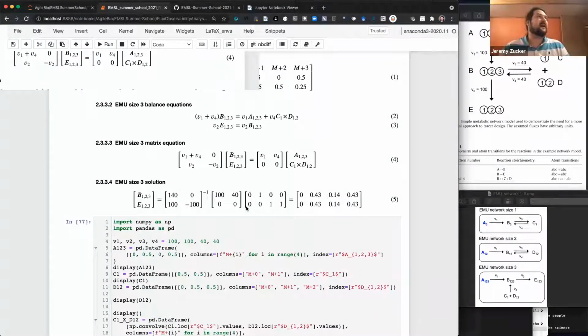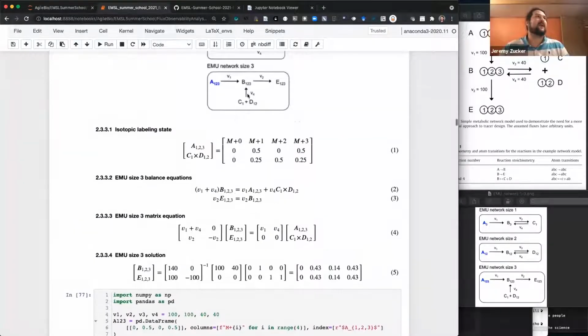So now that's how this 0.25, 0.5, 0.25 came about. So again, we do the same thing we did beforehand. B123, there's A123 going inside it from V1. V4 has the C1 convolved with D12, and that's equal to V1 plus V4 B123.